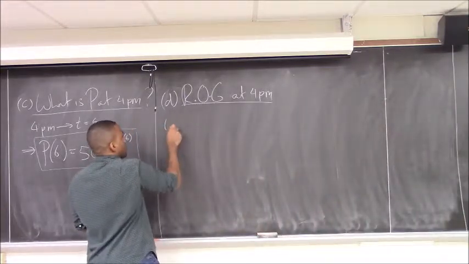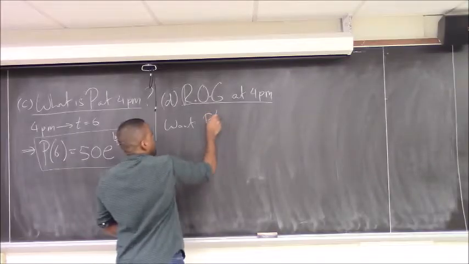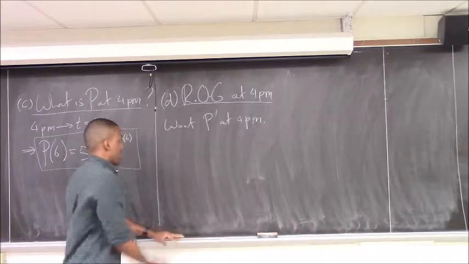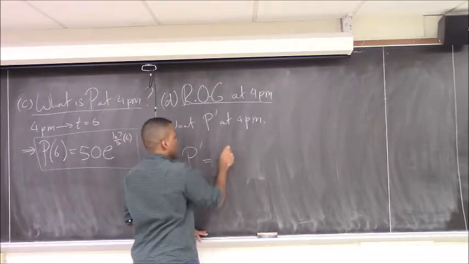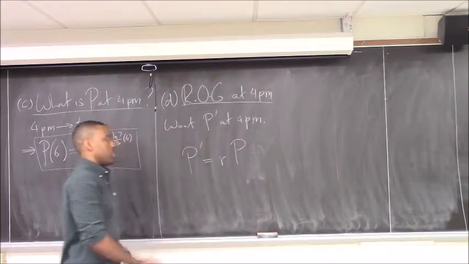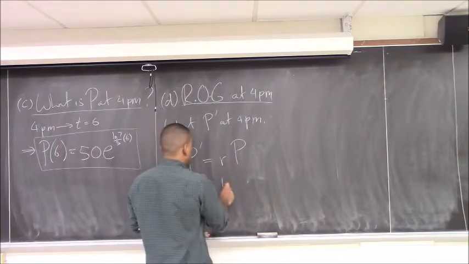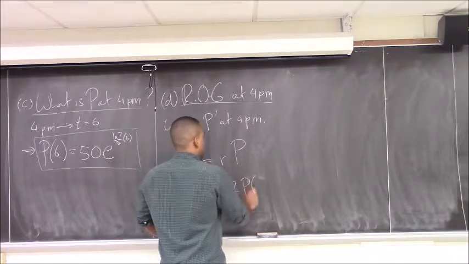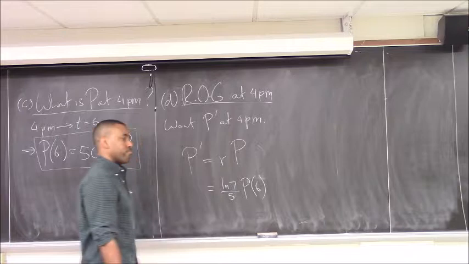So this means we want P prime at 4 p.m. And we have a formula for P prime. P prime is equal to R times P, right? And P here is of course referring to the current population. R we already know, that was ln 7 over 5. And so at 4 p.m. this is just P of 6.